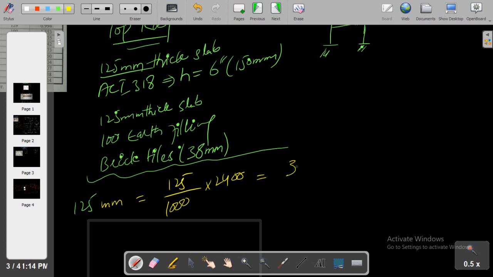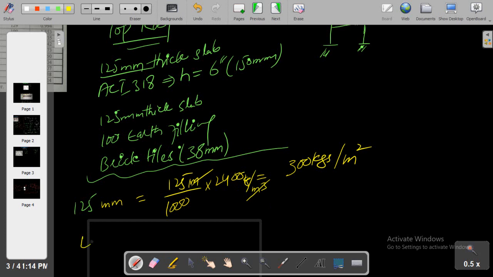The final value will be 300 kg per square meter. This is in square meter because one meter cancels out with one meter, and the density is kg per cubic meter.